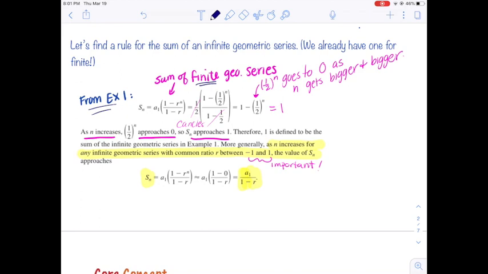and pretty much what you do is you manipulate that n value. So you want this n value to go as big as possible, to really infinity. So then you think n is really, really, really big. And you'll notice that your first term of 1/2 and your r value are the same. And so you get 1/2, and then pretty much the 1/2 and the 1/2 in the denominator will cancel.